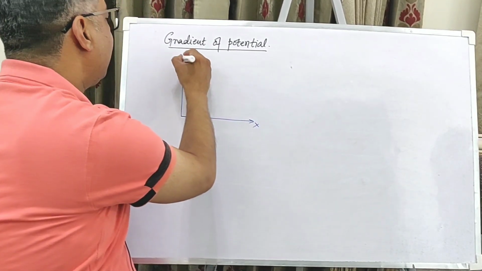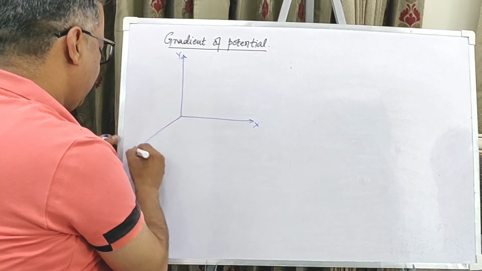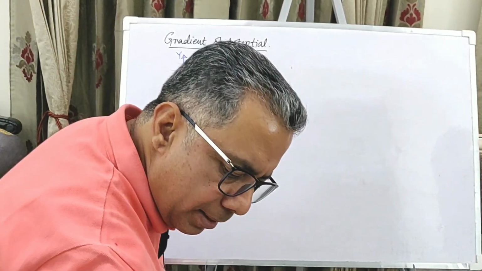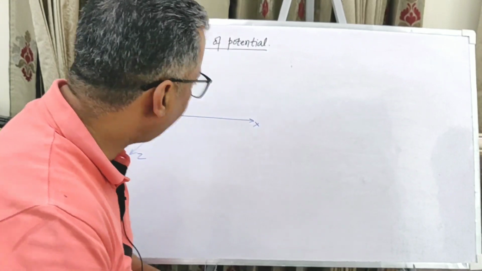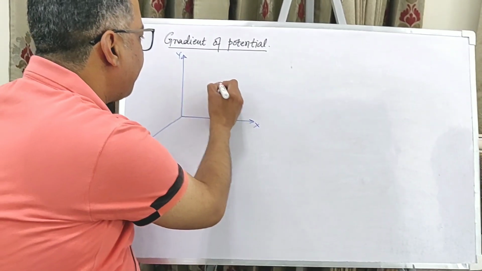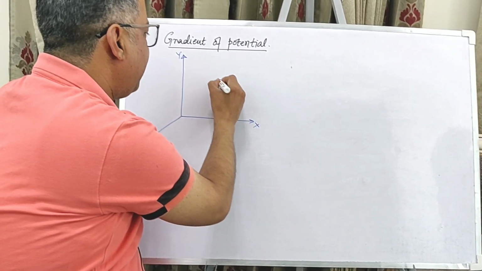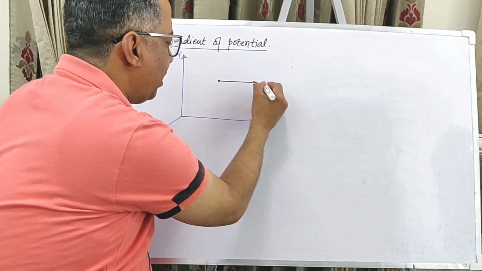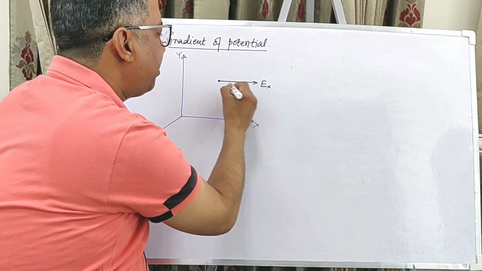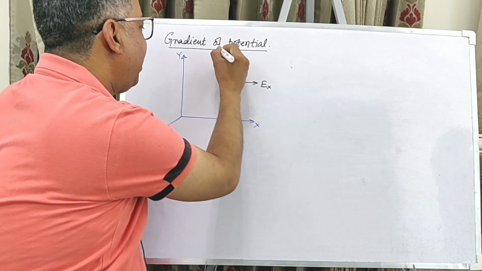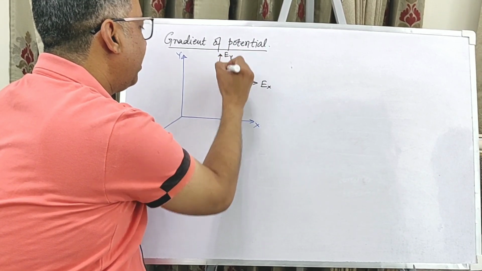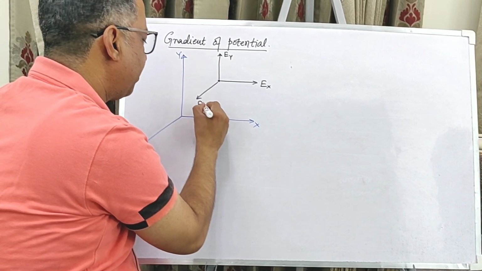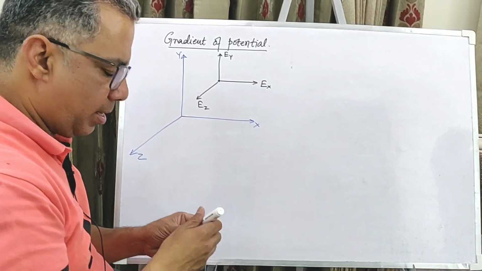This is the x-axis, y-axis, the z-axis, and let's say at this location the component of electric field in x direction is Ex, the component of electric field in y direction is Ey, and the component of electric field in the z direction is Ez.